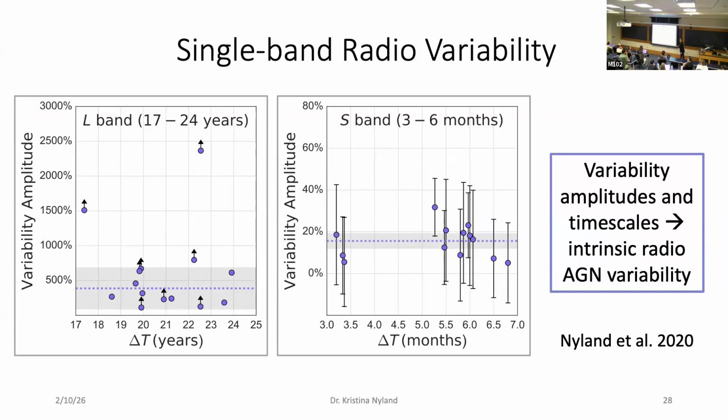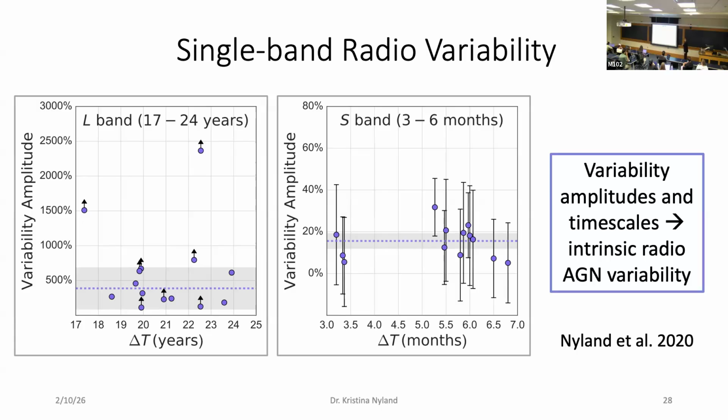Some are not limits, and that's because we went back to the original FIRST images and found there were some significant detections, like 4 to 5 sigma, but probably real because we knew about the VLASS measurement, even though they weren't in the original FIRST catalogs. So you can see the variability gets pretty extreme, up to 2,500% for the most extreme one.